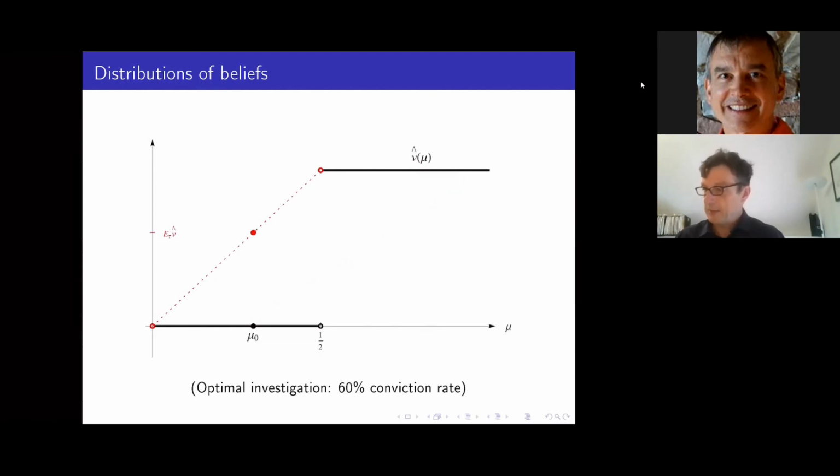Good. Right. So let's look at this. What have we achieved? We are basically making a claim that the optimal information structure is one that gives us two posterior beliefs. One at which I'm fully convinced that the defendant is innocent, therefore mu is equal to 0.